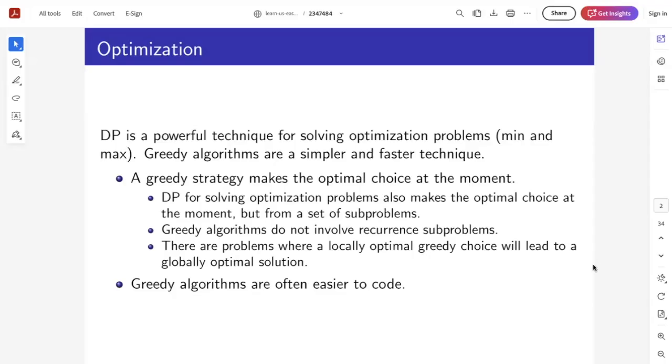So then we can iteratively solve the problem. The general technique is to use memoization with recursive calls.